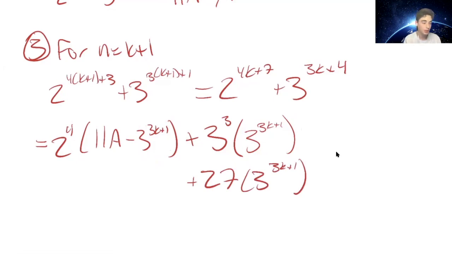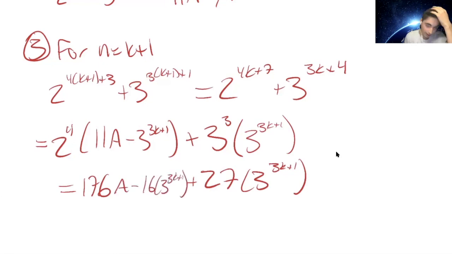Multiplying in, 16 times 11 is 176a, minus 16 times 3 to the 3k plus 1. And that's called being smart with what you're doing.